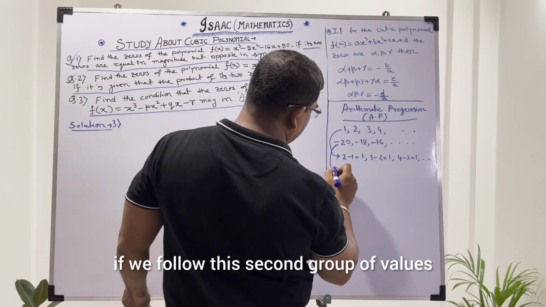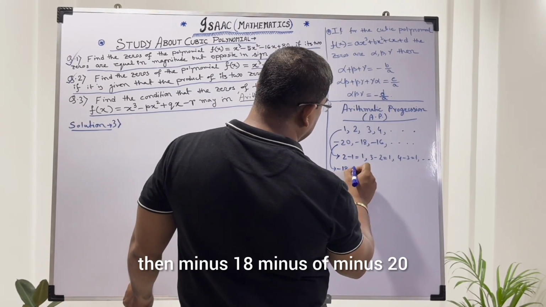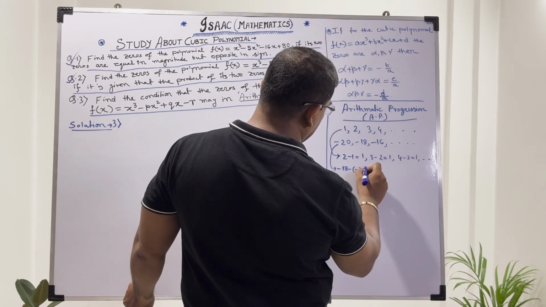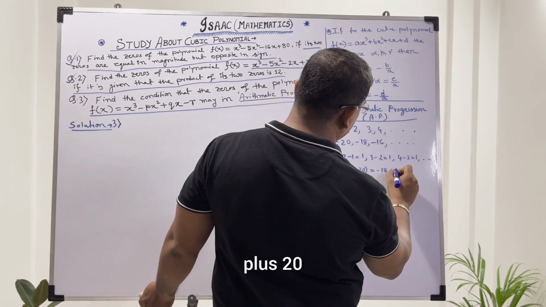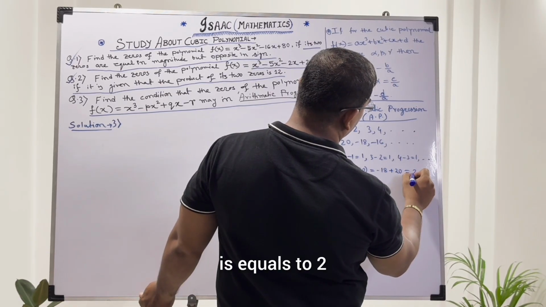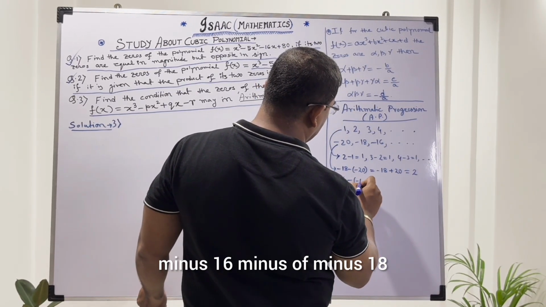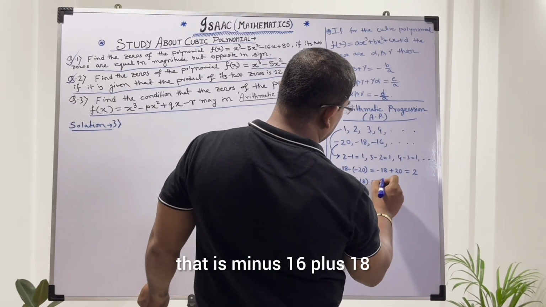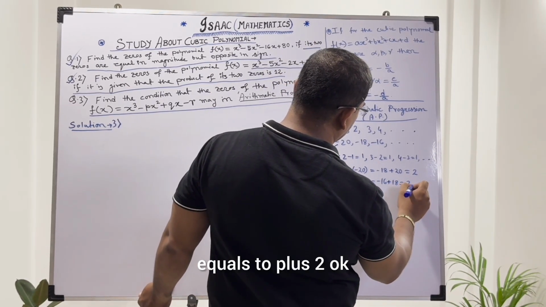If we follow the second group of values, then minus 18 minus of minus 20, that is minus 18 plus 20, equals 2. Minus 16 minus of minus 18, that is minus 16 plus 18, equals plus 2.